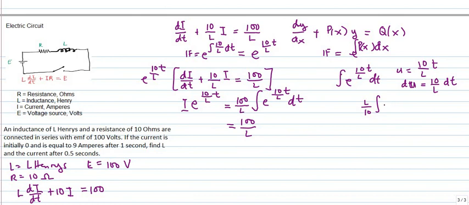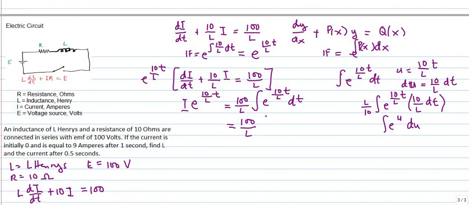And then we have here e raised to 10 over L t, and then 10 over L dt. This is u substitution, so this will become the integral of e to the u du. This is our du. If you have noticed, du is 10 over L dt. And then e to the u. We have here our multiplier L over 10.